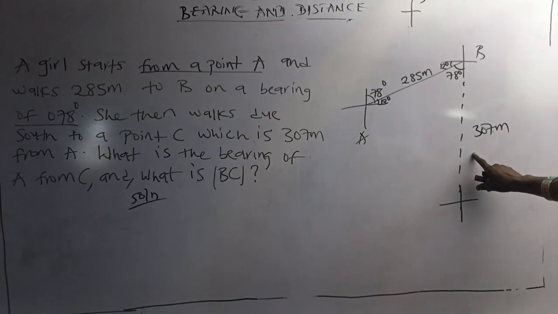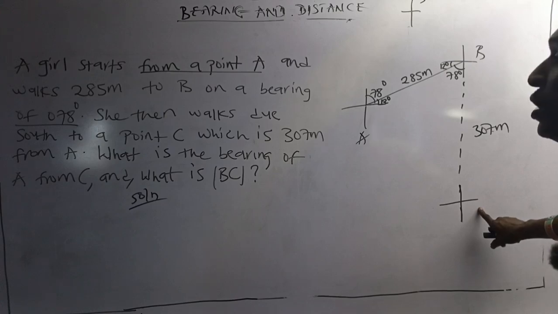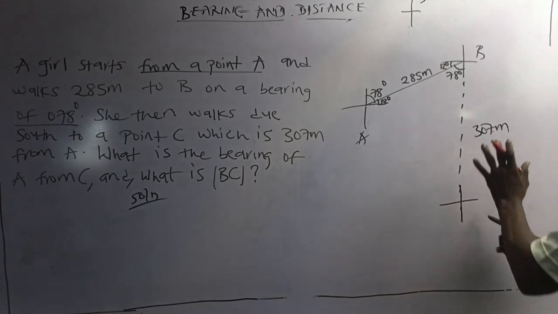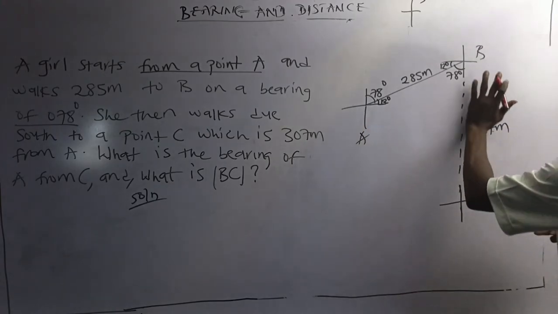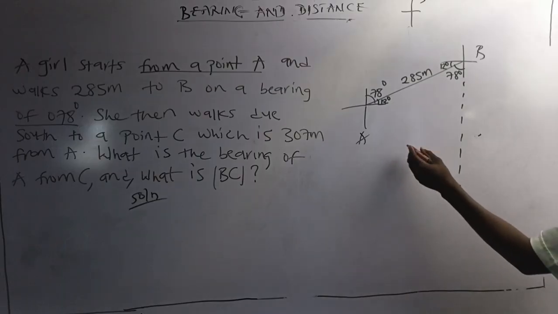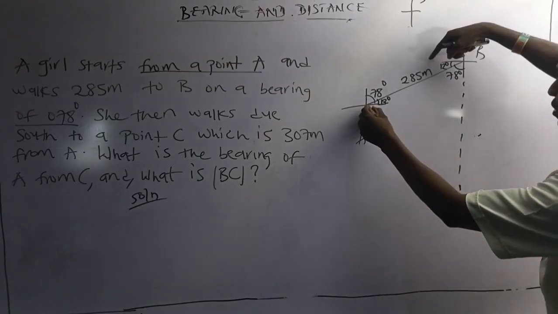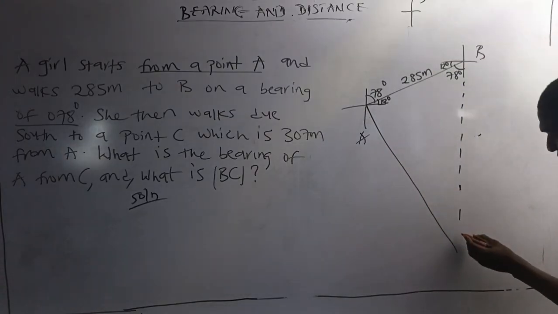She then walked due south to a point C, which is 307 meters from A. 307 meters from A. So this is not BC. They gave AC. So this should come down a little more, because 307 from C to A must be seen to be bigger than this. So the diagram should be of this kind.